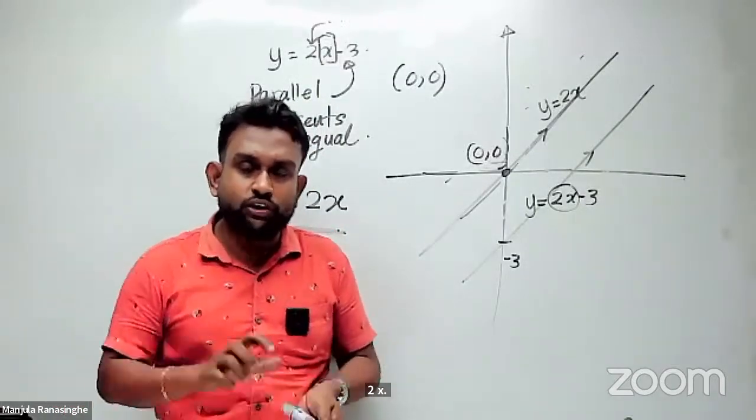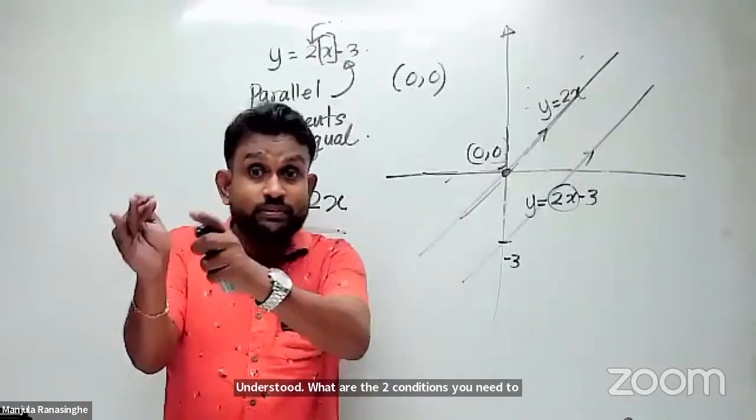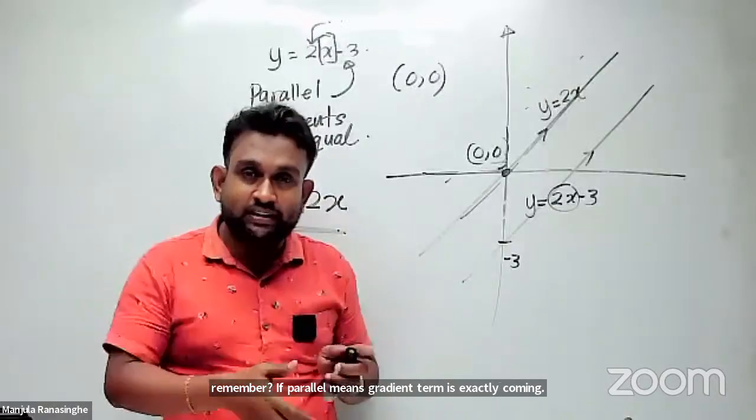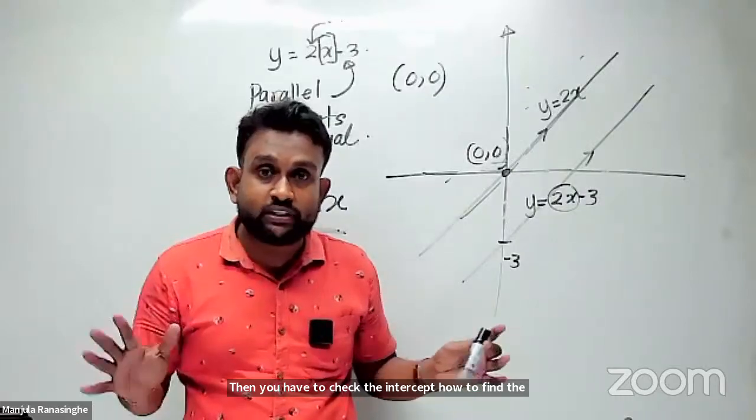What are the two conditions you need to remember? If parallel, gradients are equal, so the x term comes over exactly. Then you have to check the intercept. How do you find the intercept, the y cutting point, without drawing the graph?